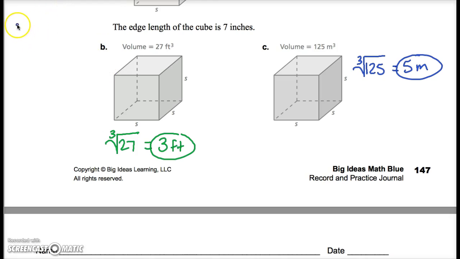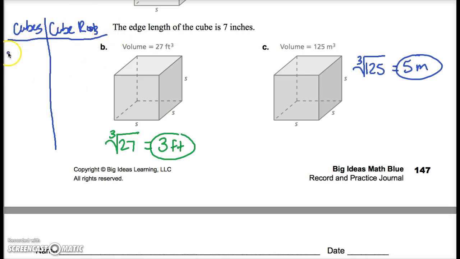Okay, so on the left, I want you to name it cubes, and on the right column, we're going to label it cube roots. And here's what I want you to do. 1 cubed equals 1. 2 cubed equals 8. You're going to do that all the way through 10.